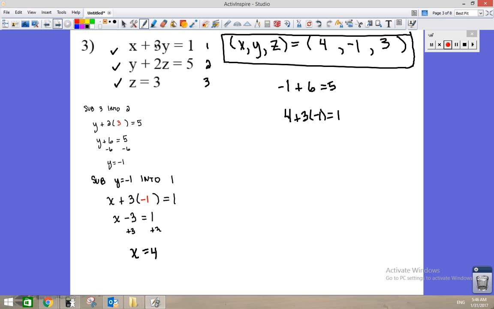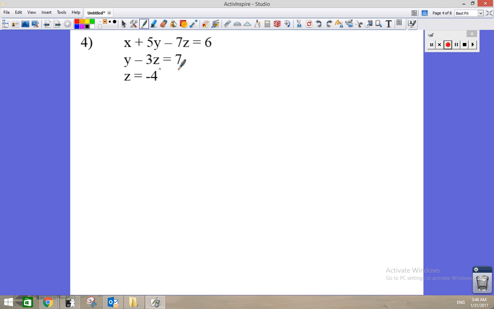Alright, so let's look at the next one. Same idea. Let's number these equations 1, 2, and 3. Let's keep in mind what our goal is. We're trying to determine the value of these variables x, y, and z. And right away we recognize equation 3 gives us the answer that z is equal to negative 4.